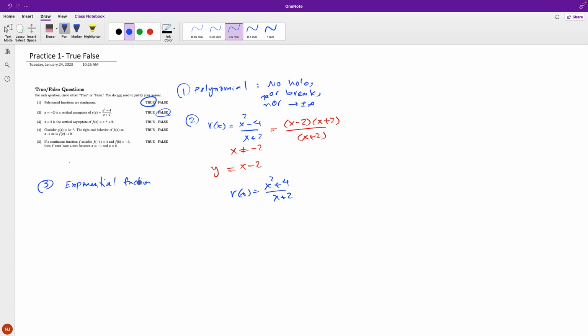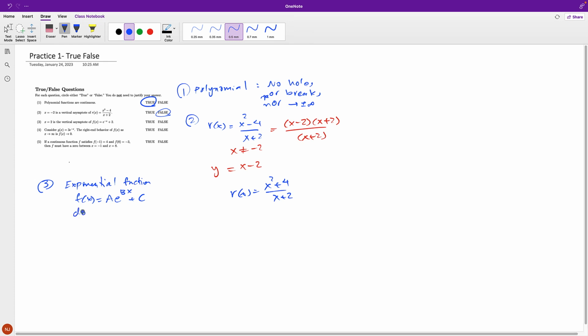So any function of this form, basically a e to the power bx plus c, does not have a vertical asymptote.